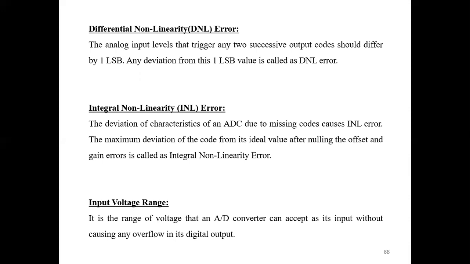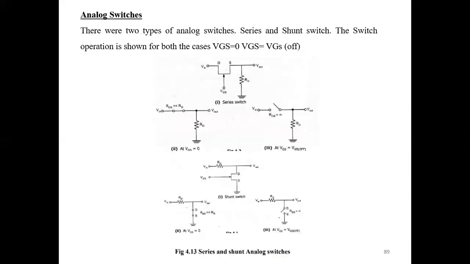The maximum deviation of the code from its ideal value after nulling the offset and gain errors is called integral nonlinearity error. The input voltage range is the range of voltage that an A to D converter can accept as its input without causing any overflow in its digital output.